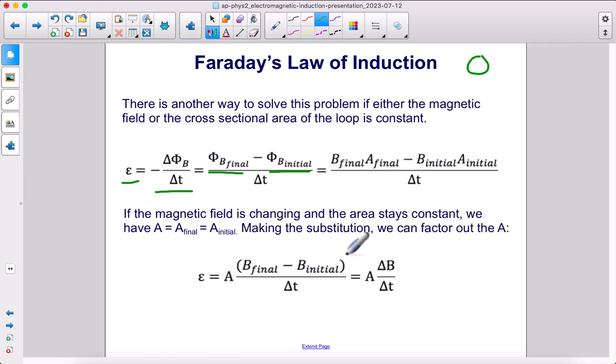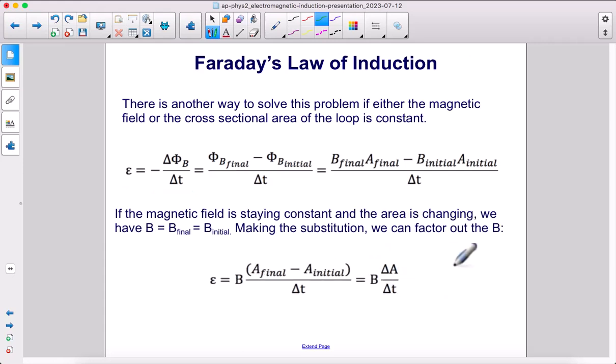If the magnetic field is changing and the area stays constant, then that means A final equals A initial. We can factor out A to the front, and then it's just A times change in magnetic field over time. If the magnetic field is staying constant and the area is changing, we then have that B final equals B initial. So we can factor out the B, and then it just becomes B times change in area over time.